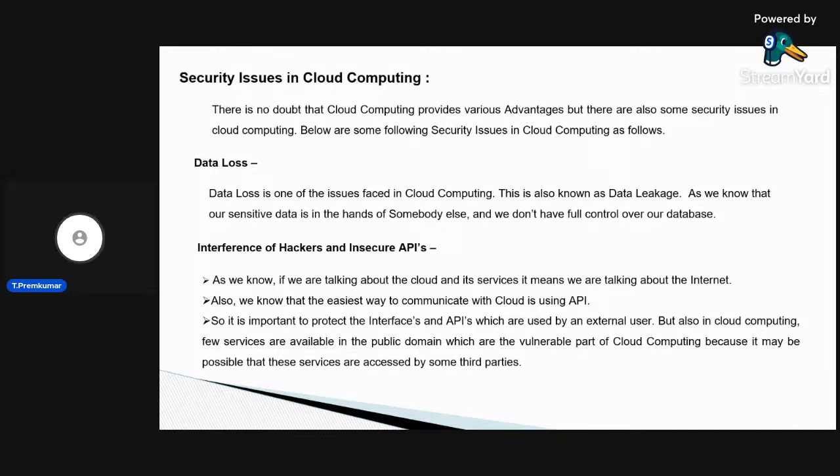So, it is important to protect the interfaces, the APIs which are used by internal users. But also, in cloud computing few services are available in the public domain, which are the vulnerable part of cloud computing, because it is possible that these services are accessed by third parties.